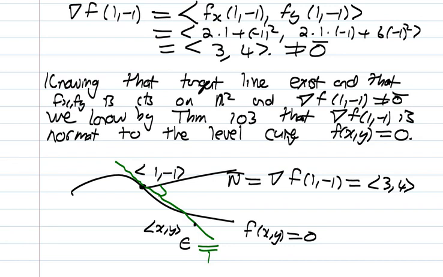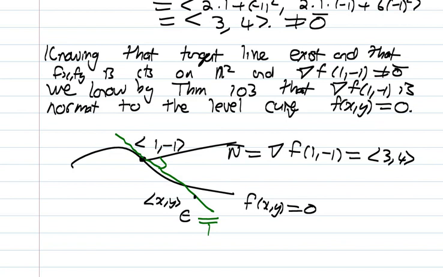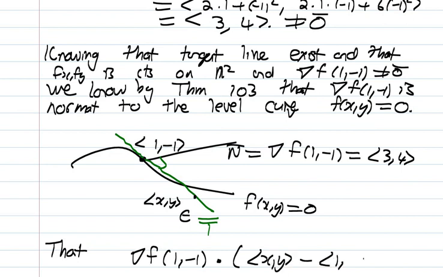And so what it means is the following, that the directions of the two lines are perpendicular, so the dot product is 0. So that means the following, that grad f at the point (1, -1) dotted with, to get the direction of the line, you subtract two vectors on the line, so (x, y) minus (1, -1) equals 0. So this is the direction of the normal line, and this is the direction of the tangent line. If you dot these two 2D vectors, you get 0.